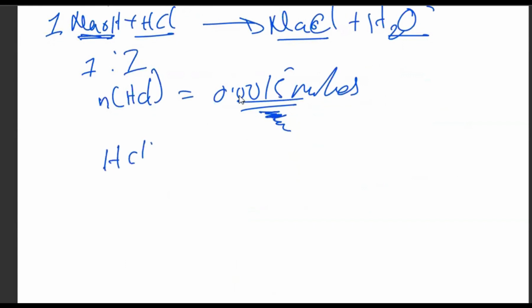So the number of moles of HCl left is equal to the number of moles of HCl initial minus the HCl which reacted with sodium hydroxide.